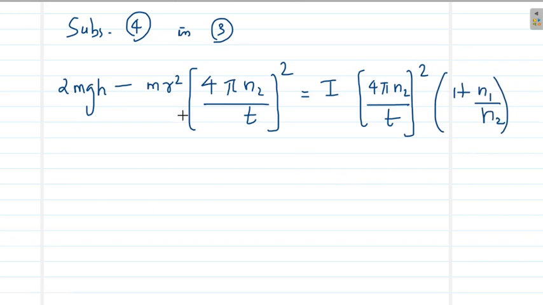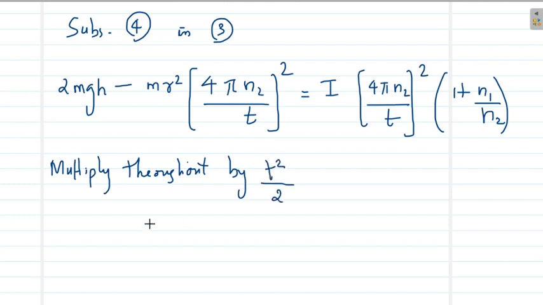We only have to solve this expression and find out the equation for I. So let us do that. Multiply throughout by T square by 2. So we will get mgh T square minus, here first take the square and multiply by T square by 2.